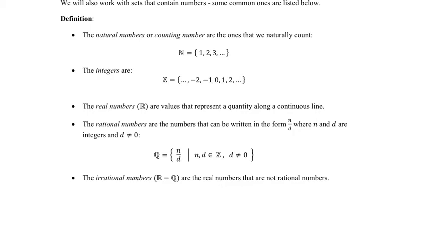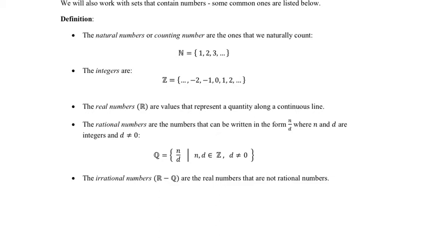So the natural numbers are notated with this boldface N. The natural ones are the ones that we naturally count: 1, 2, 3. And the integers will also include 0, -1, -2, and all the negative natural numbers as well.